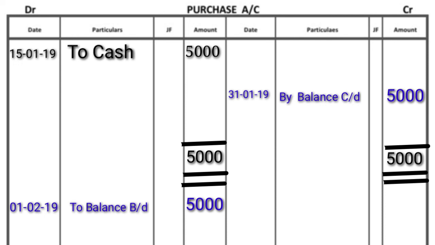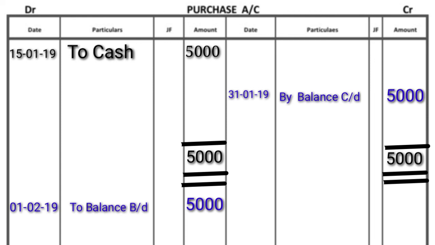Okay. In conclusion, after entering the transactions into the journal, the next step is to prepare the ledger account. This is the secondary step in accounting. Prepare the ledger account. For each name of account in the journal, we need to prepare a ledger account separately. In the journal, the names of accounts are sitting together. It's combined, and we need to separate them. That's why we are preparing the ledger account.